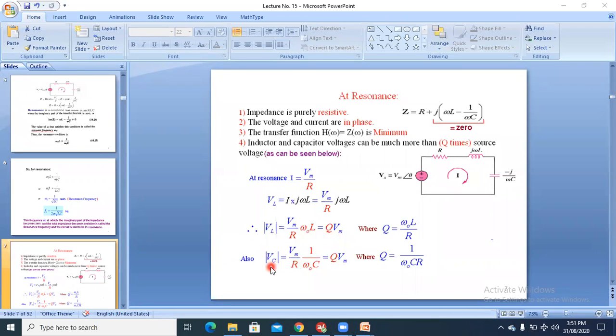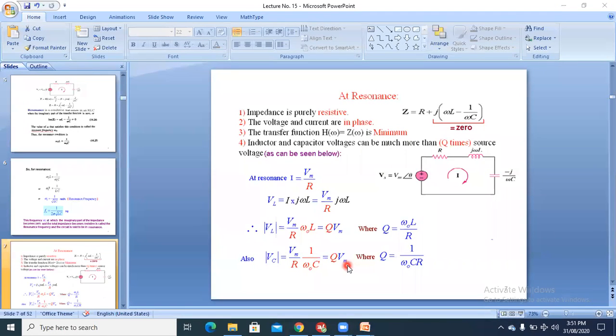And what about the capacitor voltage? That is equal to Vm by R into 1 by omega naught C, and that is equal to Q times Vm. And here Q is 1 by omega naught RC.